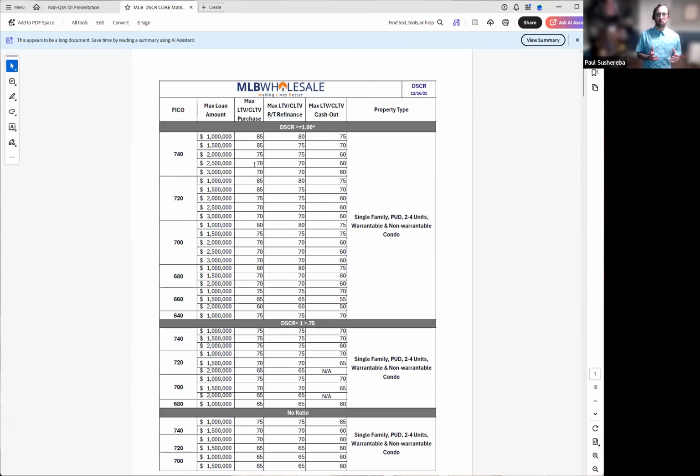Anytime you're used to running AUS, replace that part of your process with check the matrix, because all AUS is really is this in a computerized format. It's Fannie Mae checking back against the matrix. So you'll see as your loan amounts go up, your LTV restrictions change and your minimum credit score will also change. Depending on your exact scenario, that's why I say the pricing can vary so much. Every one of these buckets has the potential to price differently.